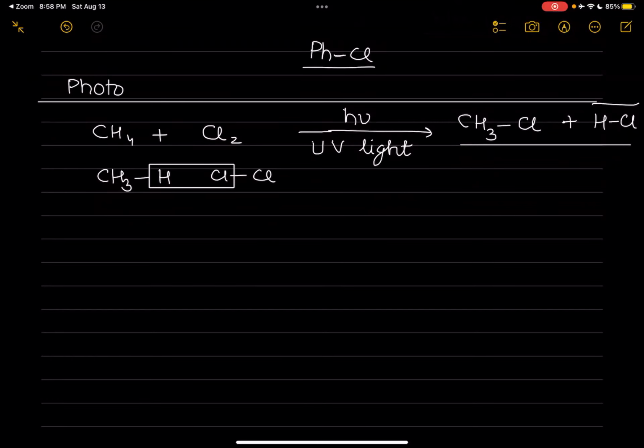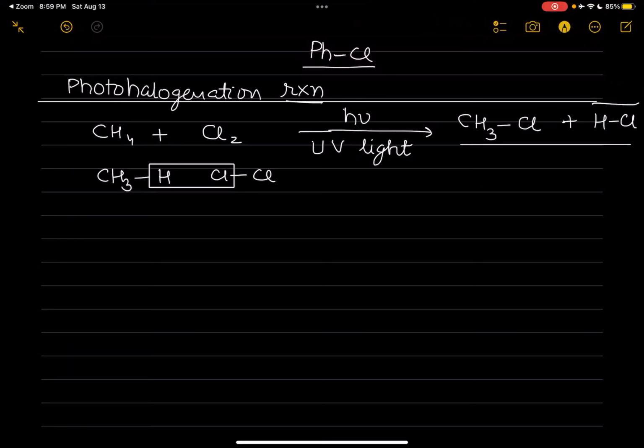So you are using photons or light and doing the halogenation of alkanes, means you are connecting a halogen atom to the alkane by usage of light. So this is known as photohalogenation. This is photohalogenation reaction. So you need light for the reaction of alkanes.